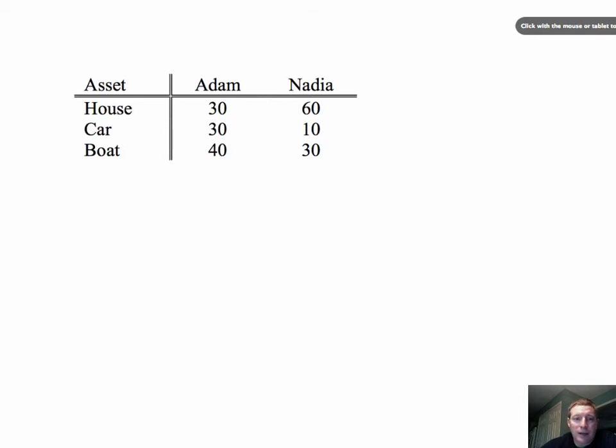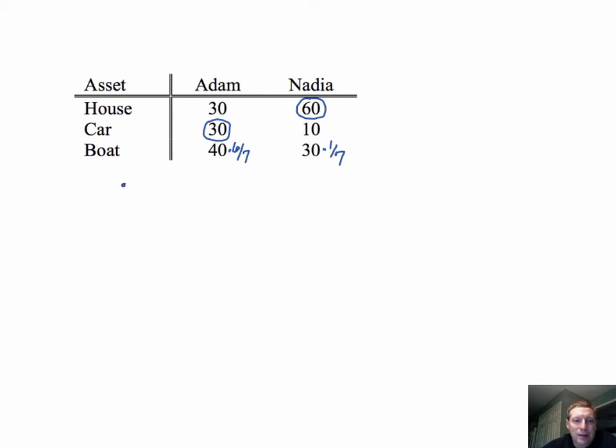So now we go back and try to remember: Nadia got the entire house free and clear. Adam got the entire car free and clear, but he's only going to get 6/7 of the boat, and she's going to get 1/7 of the boat. So let's see if this really works out.